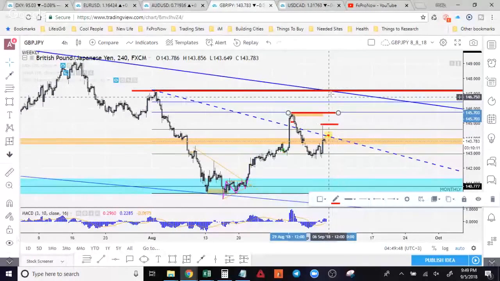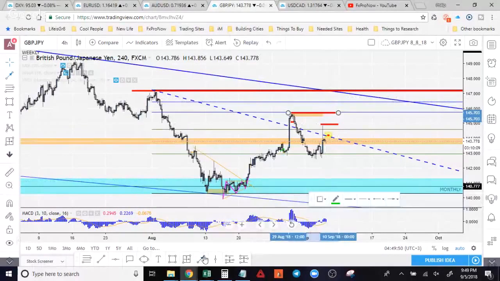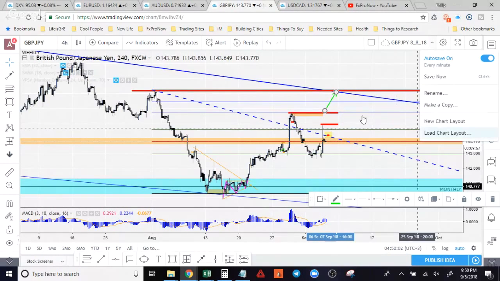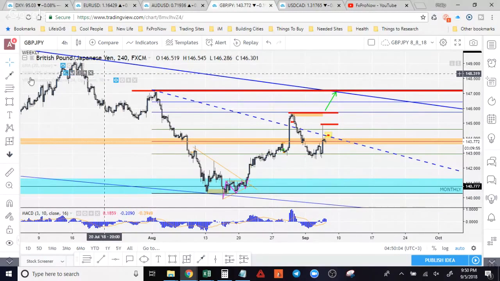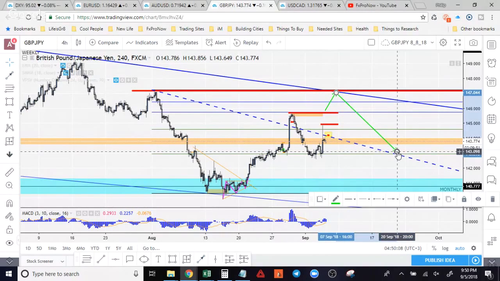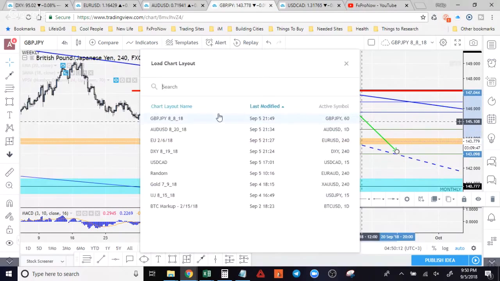Then I see price retesting this area right here, but I don't really see that. Retesting that area and then pushing its way down. But again, like I said, I don't really see it doing that. All right, so on UJ, it'll probably retest that area and then from there continue its way down. But overall, it's down.